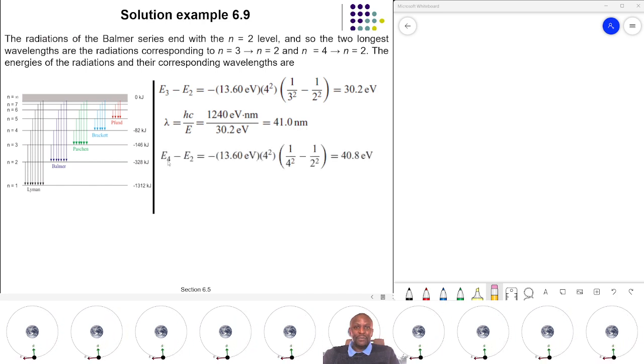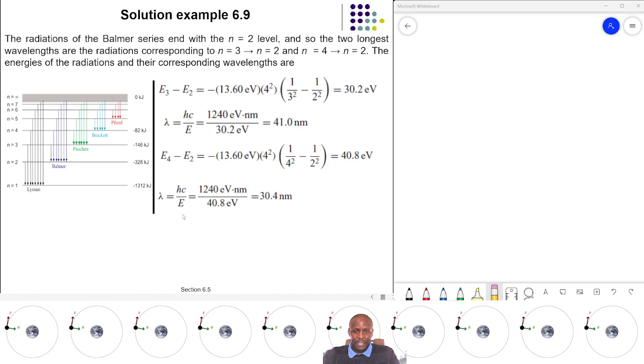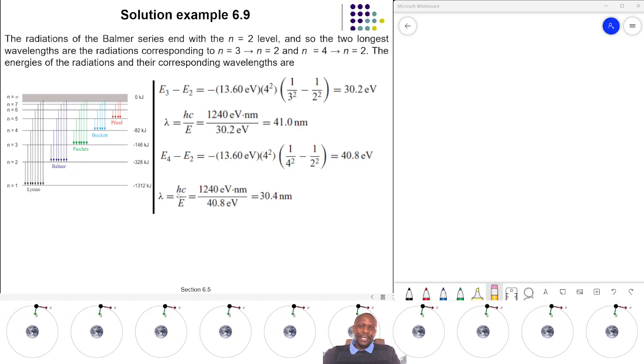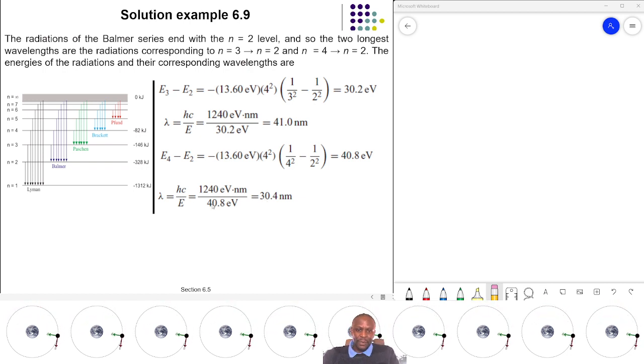For the other part, E4 minus E2, this is what you are going to have. Now the energy is given by this. From the energy you can tell the wavelength using this equation here, where h is Planck's constant. Now this is what you are going to have.